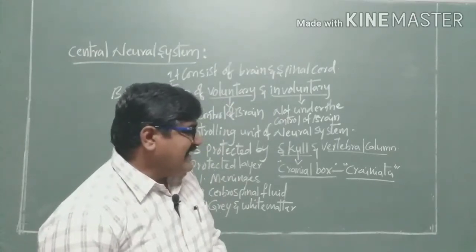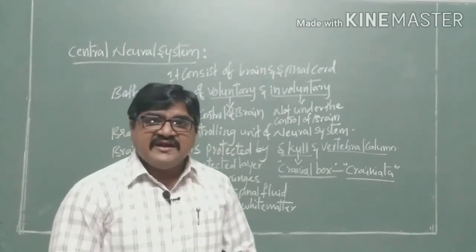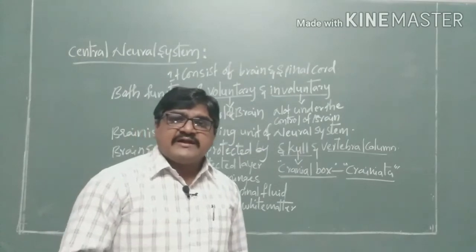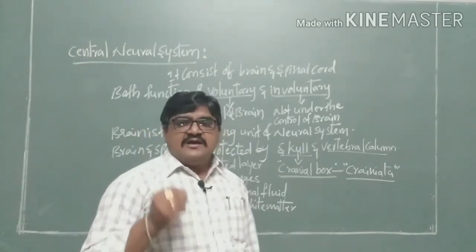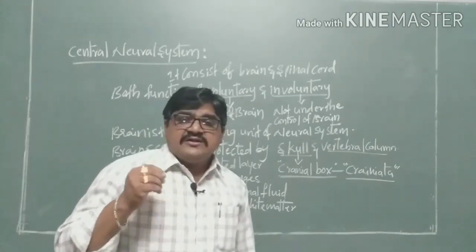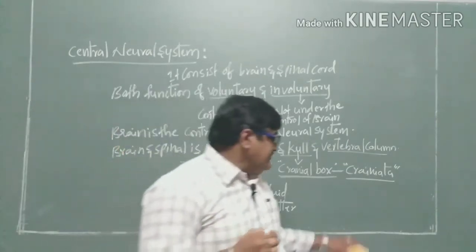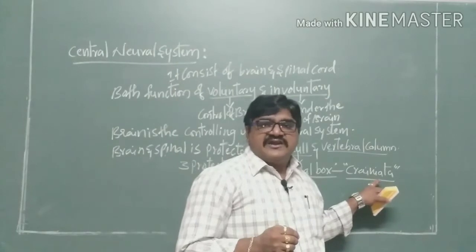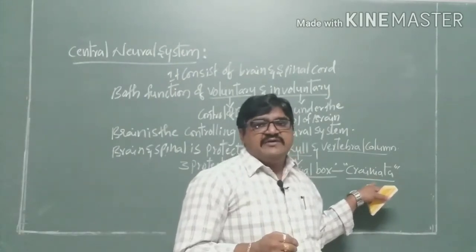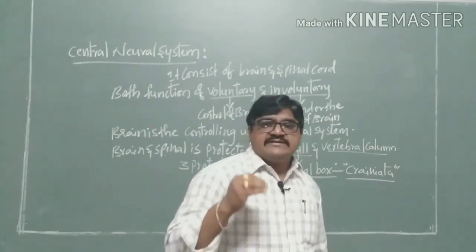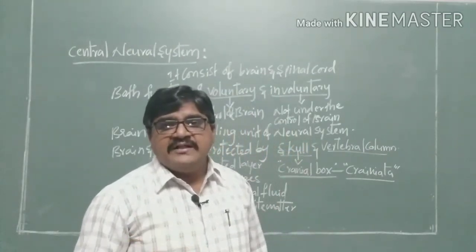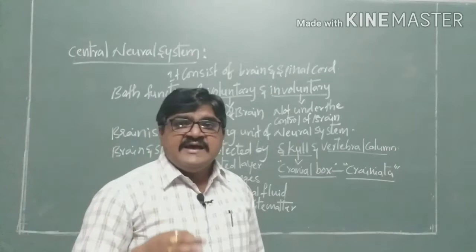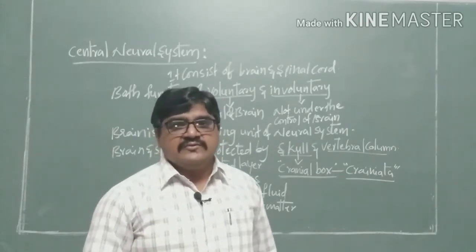Why are they called craniates? Because the brain is protected by a specialized box called the cranial box, or the skull. Craniates means the brain is protected by a specialized box.